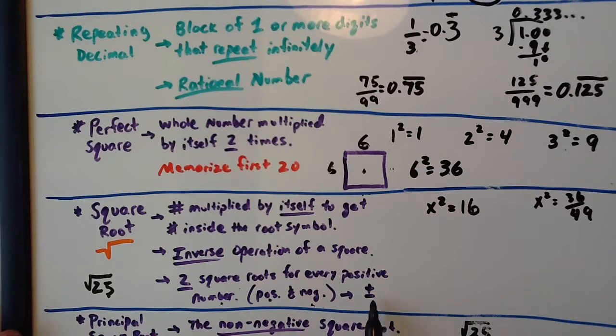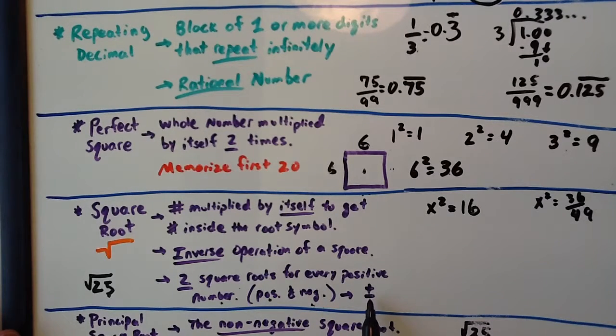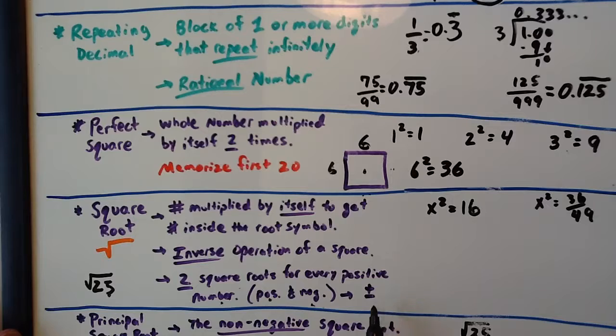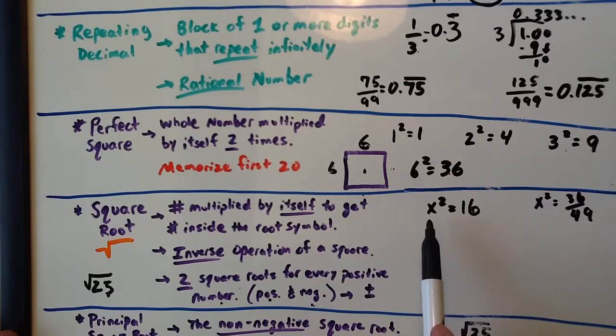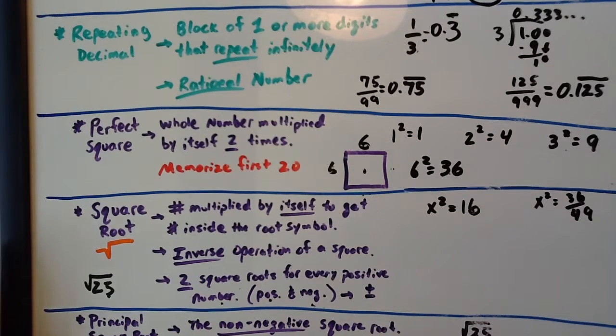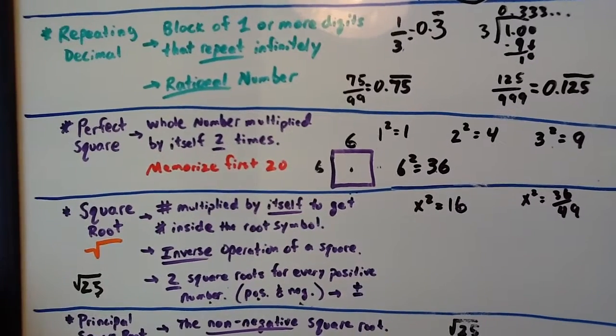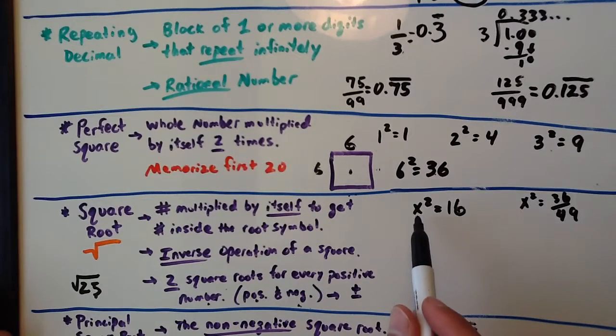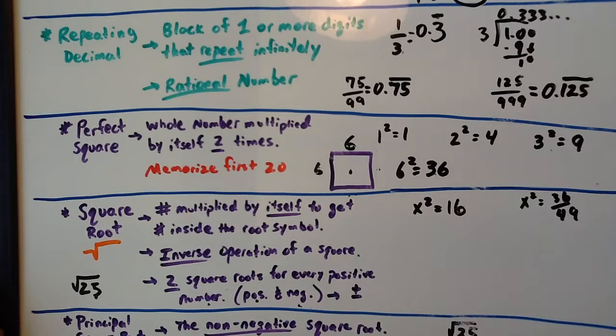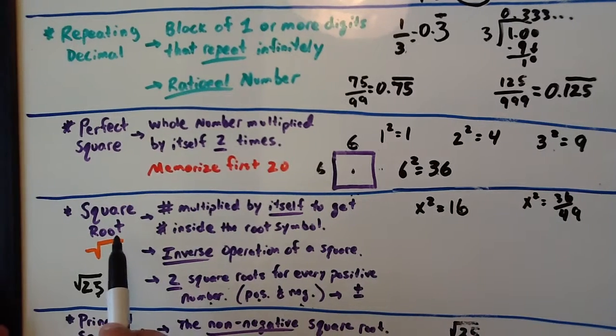And sometimes we use this symbol right here. It's like a plus sign over a minus sign, and we read this as plus or minus. So an example, if we had the equation x squared equals 16 and we wanted to solve for x, we need to get x by itself, or undo this square, and the operation that undoes a square is the square root.